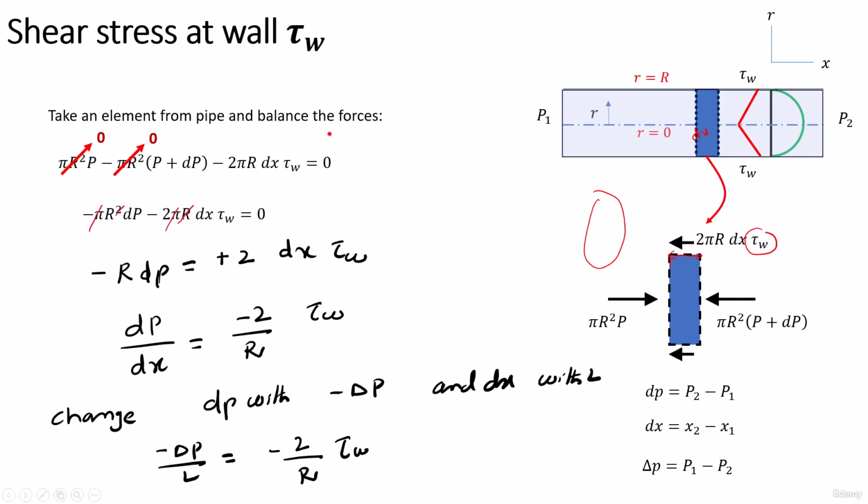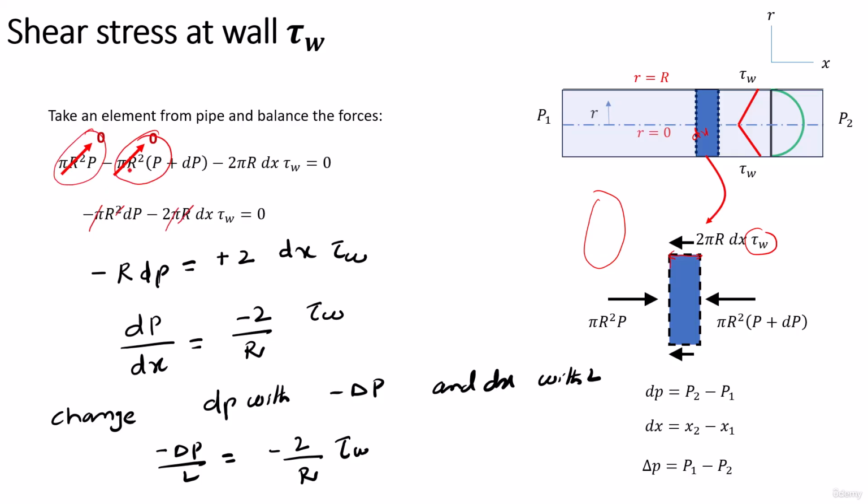And if you make the summation of the forces, put the negative sign with the opposite direction and the positive sign with the direction going towards the flow direction. So we have pi r square positive, minus pi r square into P plus dp negative, and 2 pi r dx tau wall with a negative sign. Simplify: this pressure term and this pressure term will cancel out.